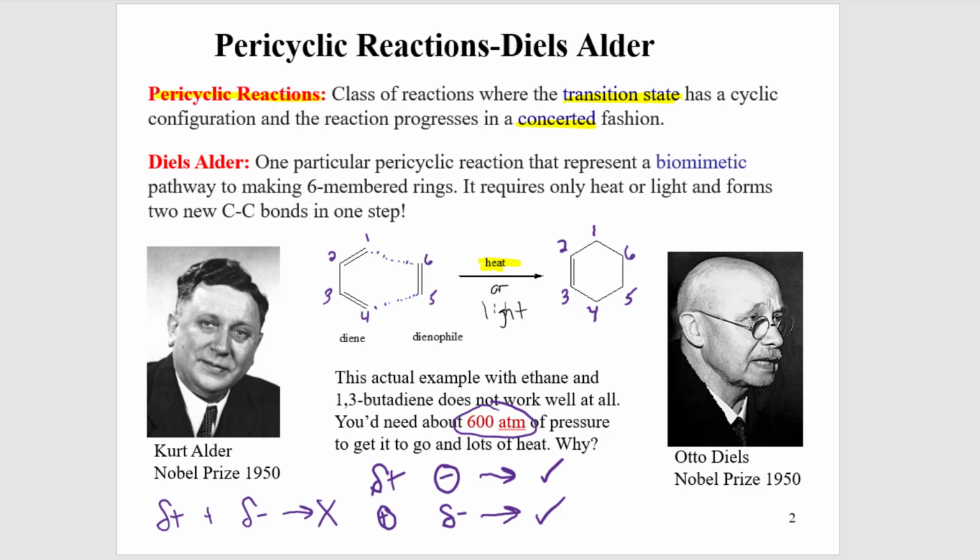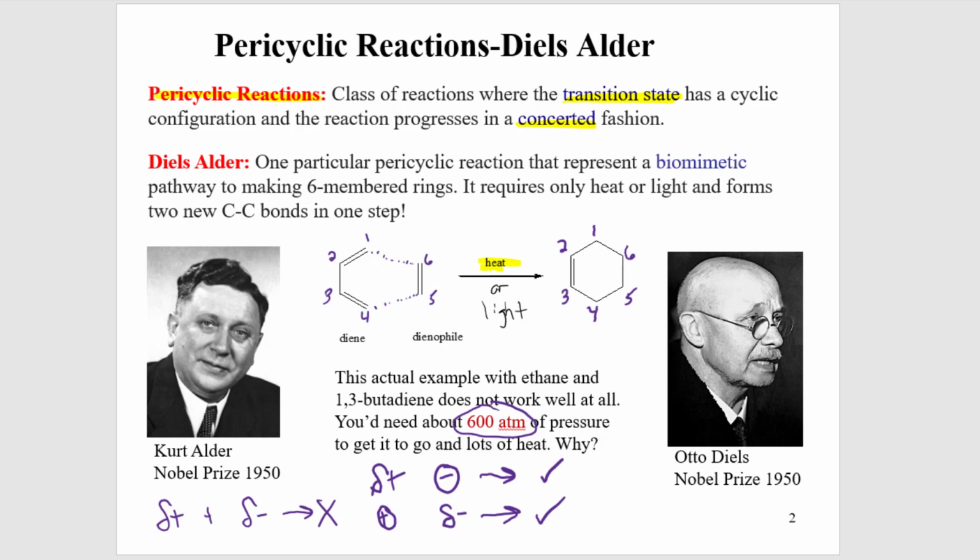There's nothing about the dienophile, which is, again, just ethene, that's particularly positive or negative. So in this reaction there are no attractive forces bringing the diene to the dienophile to react. You'll need a lot more than heat or light to get this exact reaction moving. That's why it takes 600 atmospheres. Again, we operate under 1 atmosphere.